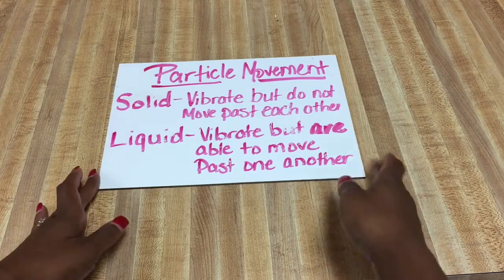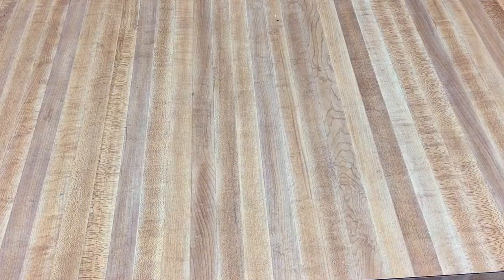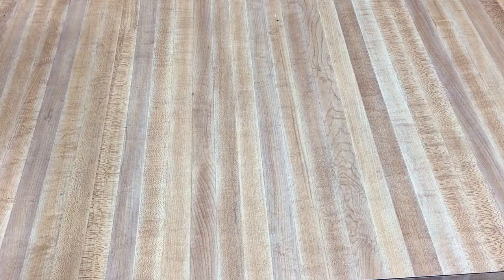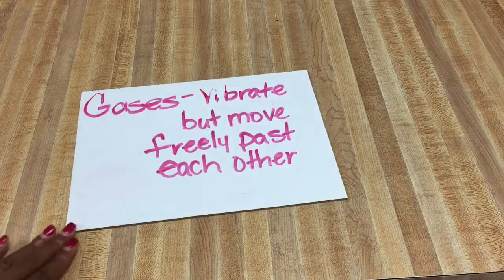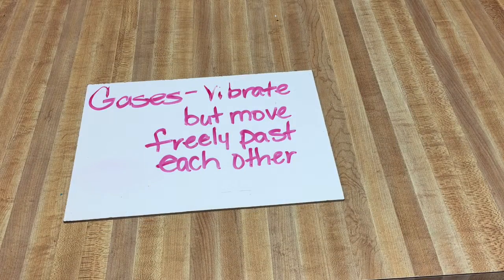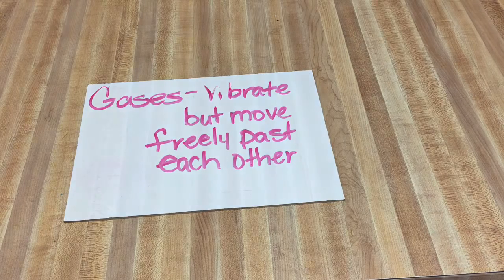Okay, so let's look at gases. Gases are going to vibrate but move freely past each other. Why do you think they do that? Yes, if you said that basically the gases move freely past each other because they're so far apart, you're correct.